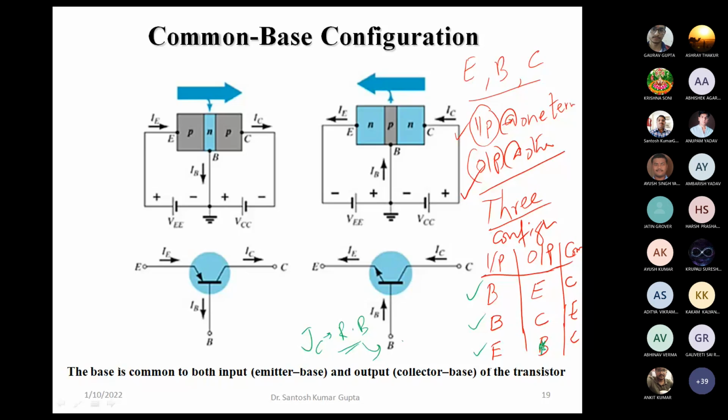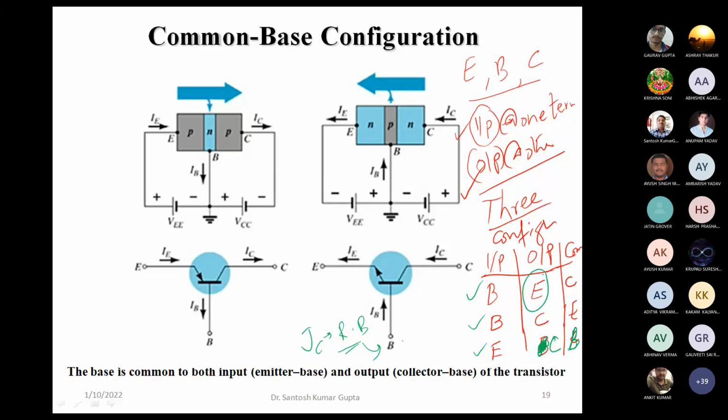Sorry, this is wrong here. Input is given at emitter, base should be common, and output should be taken at collector.